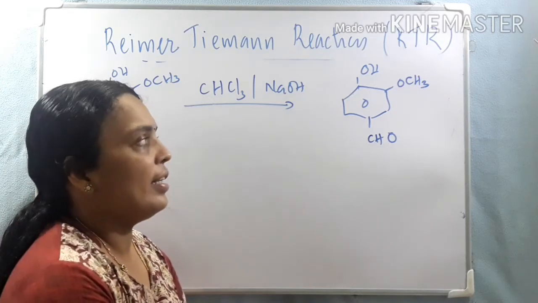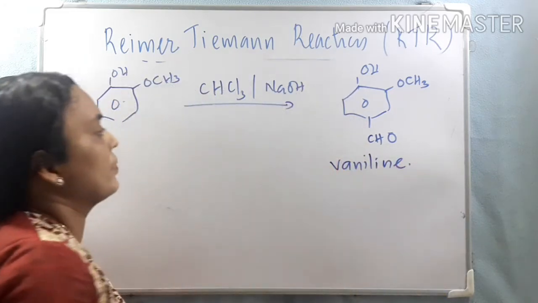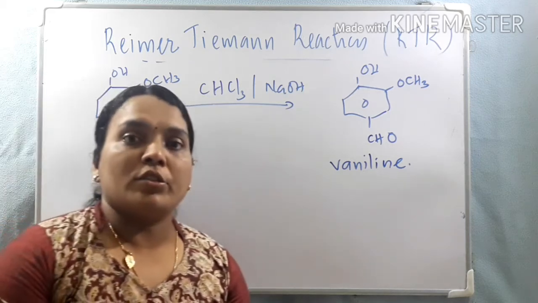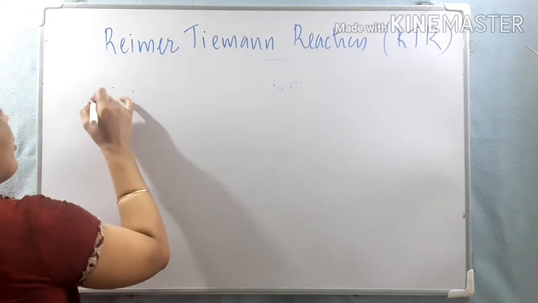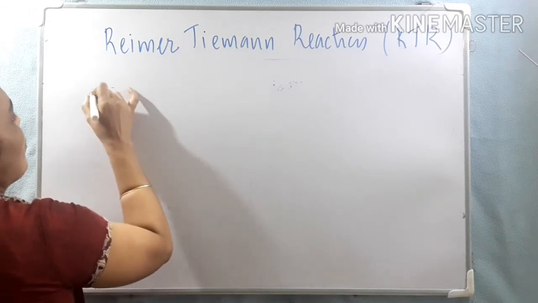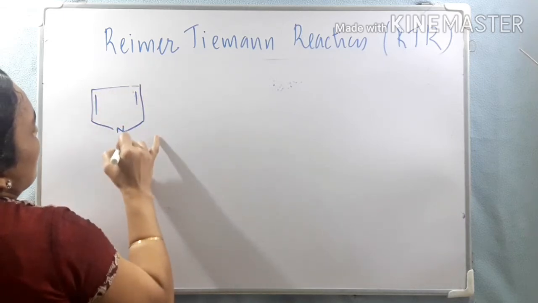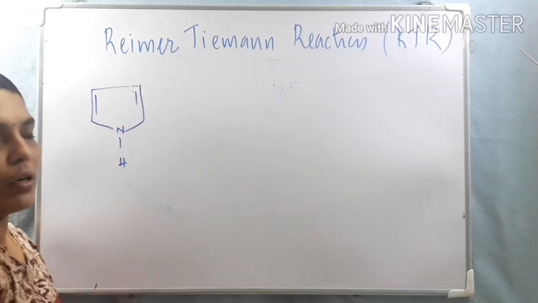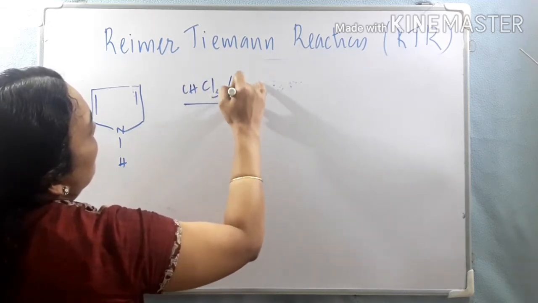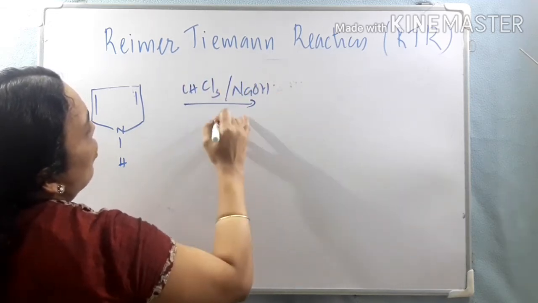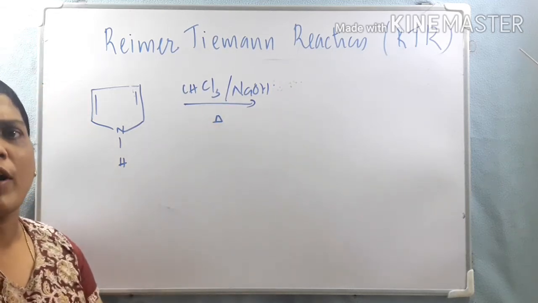That is called vanillin. Now let us see another example using pyrrole. This is a pyrrole. Pyrrole reacts with chloroform in presence of NaOH or KOH, an alkali.